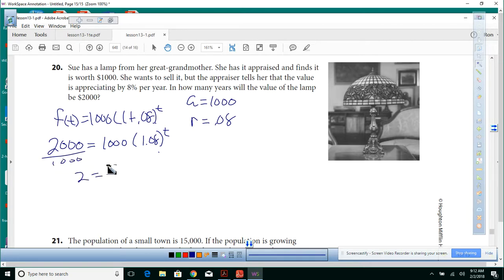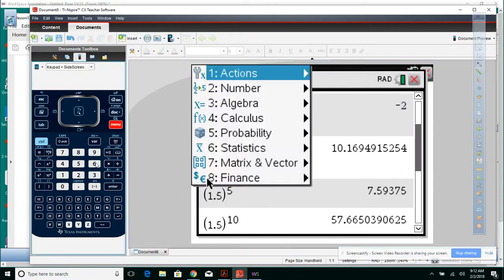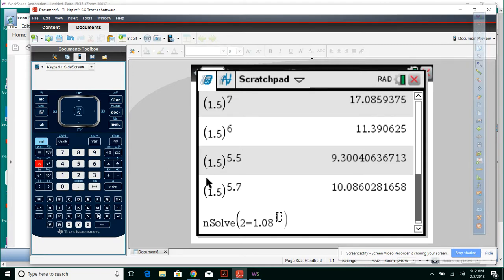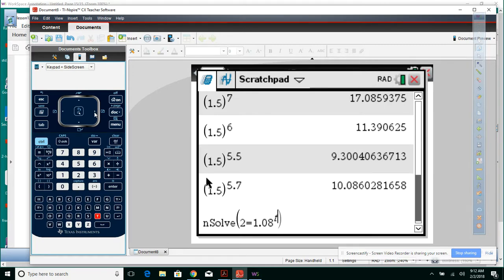And I get 2 equals 1.08 to the T. Okay. Now, don't forget you got menu 3, 1, and you got 2 equals 1.08 caret T, comma, T.